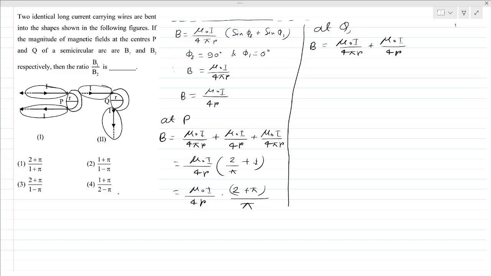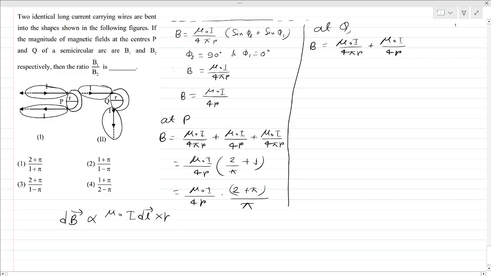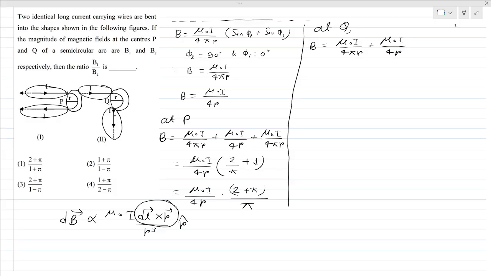As you can see, according to the Biot-Savart law, we know that dB vector is proportional to mu 0 I dl vector cross r vector by r cubed. So for dl vector cross r vector, the cross product is nothing but sine theta.